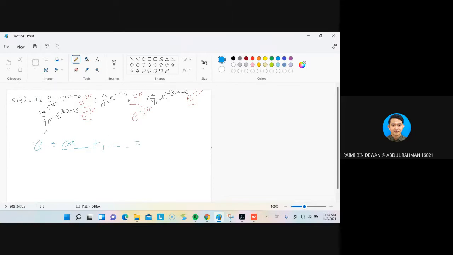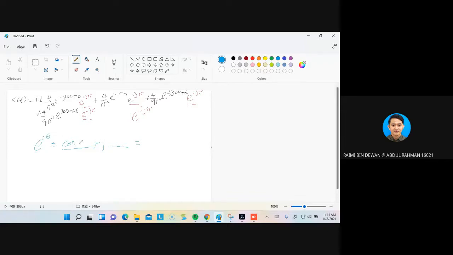This is Euler's formula. Before, this one is j theta.